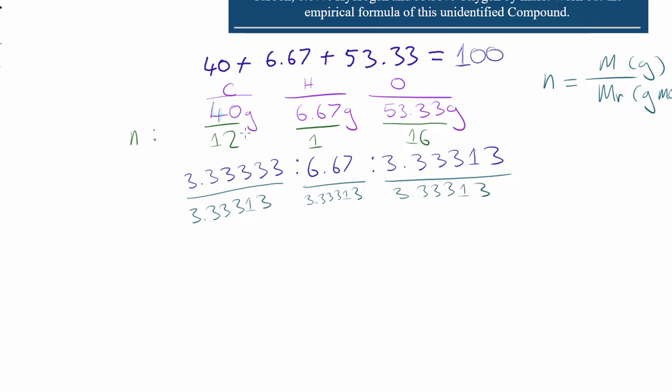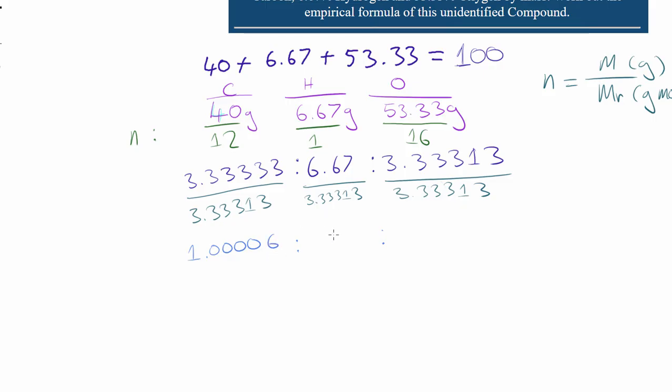So if we run those calculations, what do we get? In the case of carbon, you're going to get effectively 1.00006.